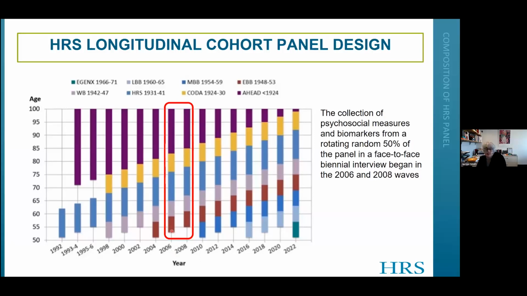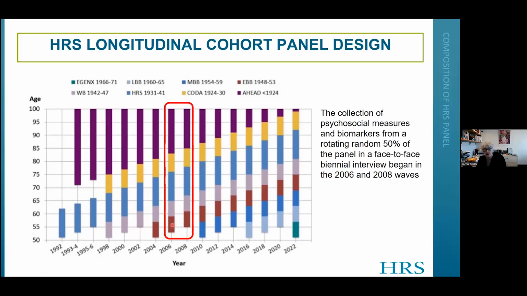And so this is where from 2006 onward, a rotating random 50% of the panel are interviewed face-to-face in the biennial wave every 2 years. And at that point in time, they also receive the psychosocial questionnaire. So there was a huge increase in the amount of data that happens here.